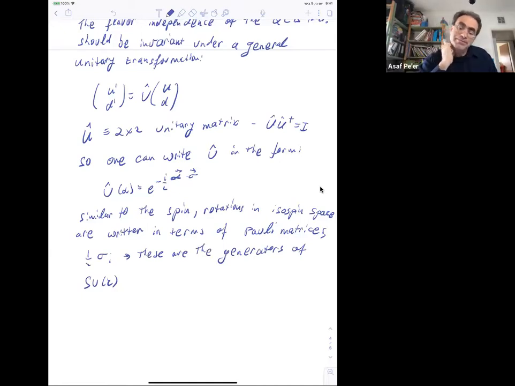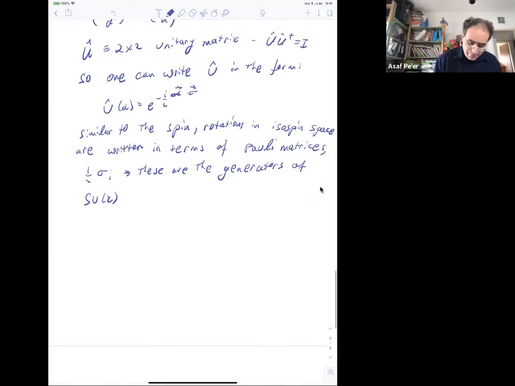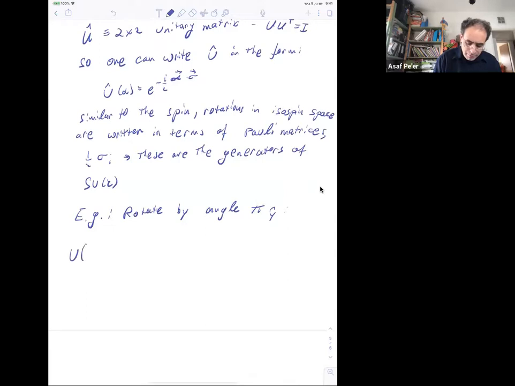So, for example, let's take one example. We can show that if we rotate by an angle of pi around the y-axis, this transforms the up state into a down state, and vice versa. U_y acting on the up state. What is that?